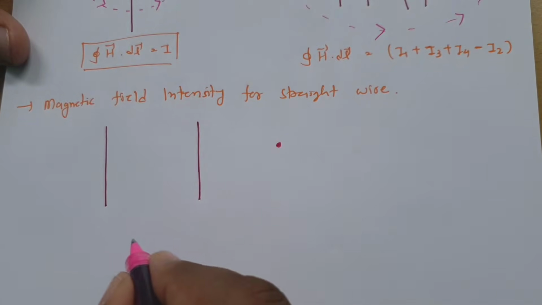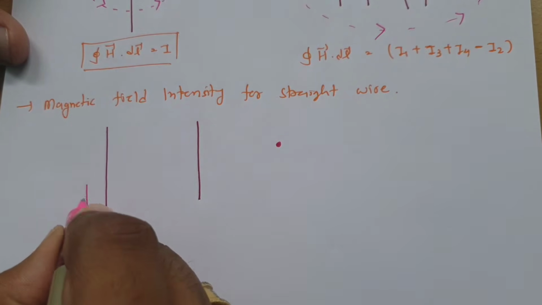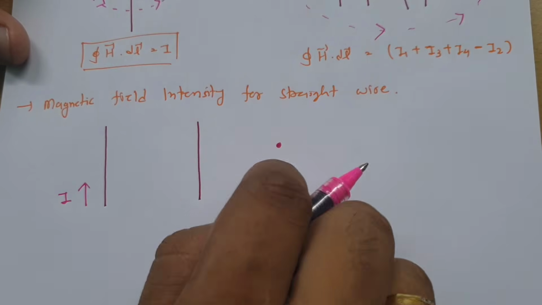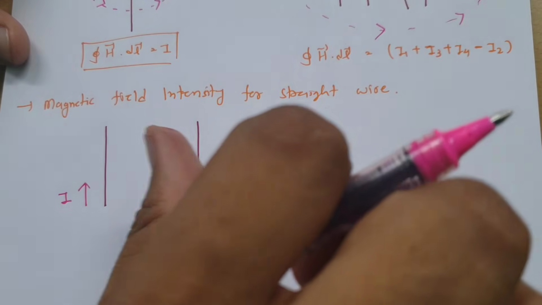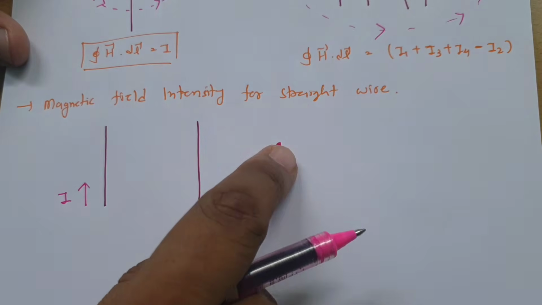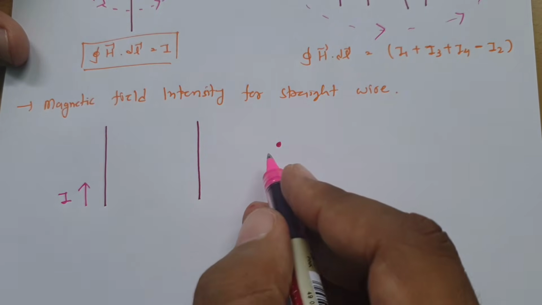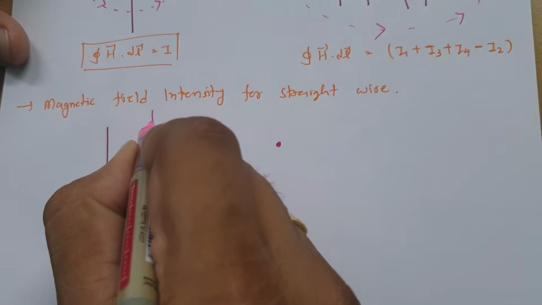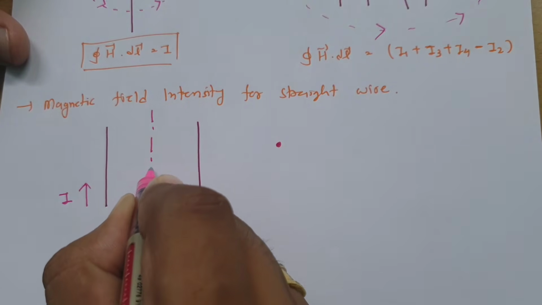The direction of current in this wire is in this direction, so the magnetic field intensity will be inside the page as per the right hand thumb rule. If you apply the right hand thumb rule like this, the magnetic field intensity is inside the page. And this is the axis of the wire.